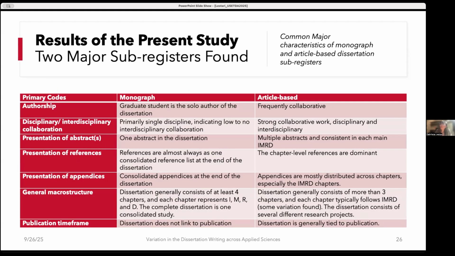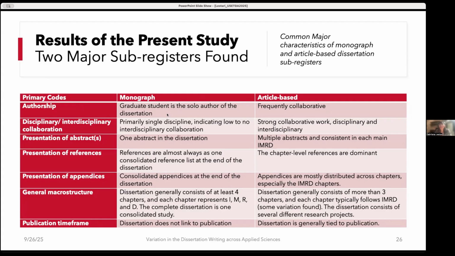And this is the summary of the result for the 2 big sub-registers that I found. So I have monograph and I have article-based. For example, how do we differentiate monograph and article-based? In terms of the authorship, in the article-based, commonly the graduate student does not work by him or herself, but does some collaboration with other researchers.